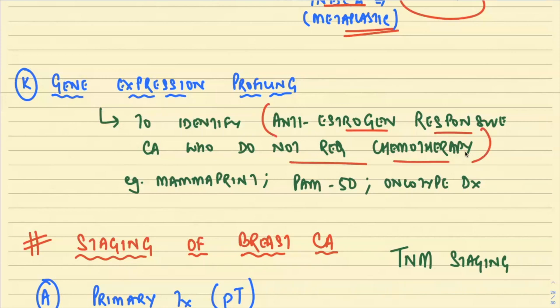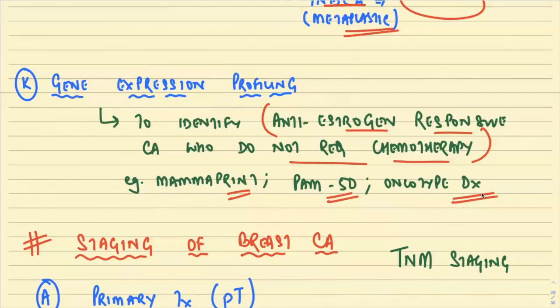This grading is used to find very good quality tumors, those tumors which are having a very good prognosis. So once we find those tumors which are having a very good prognosis, unnecessarily we will not let the patient go through chemotherapy. So for the omission of chemotherapy, we are giving gene expression profiling. For example, we have MammaPrint, PAM50, Oncotype DX. Just remember the examples, nothing much over here. Is it clear to everyone?